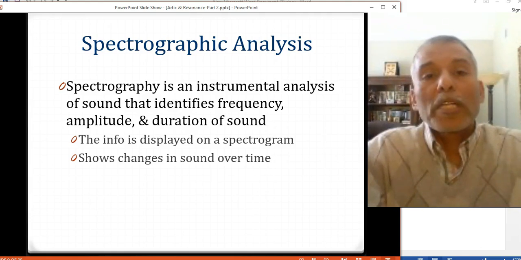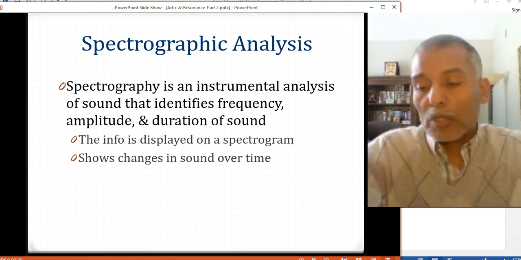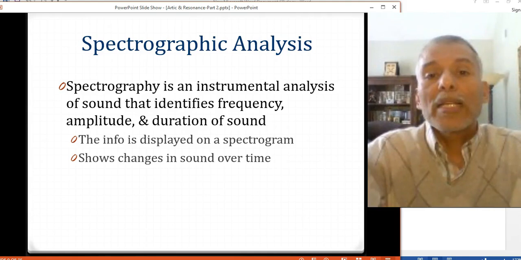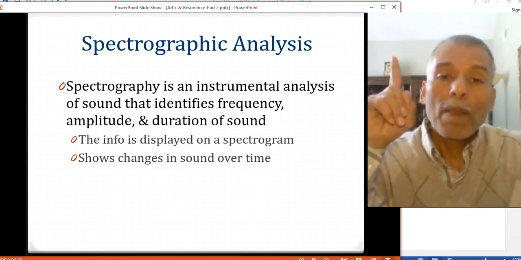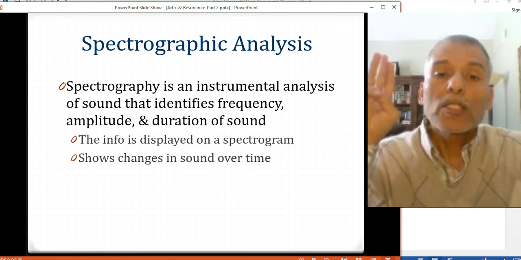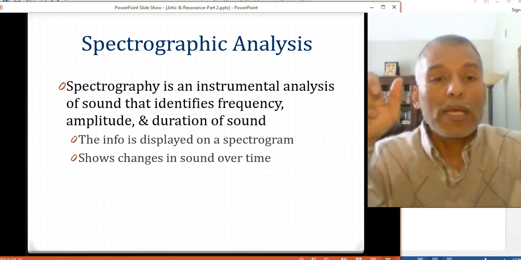Now we move on to spectrographic analysis. A spectrograph uses a spectrogram, and the spectrogram gives you different kinds of information that's quite important. Spectrography is an instrumental analysis of sound that identifies, number one, frequency of the sound, amplitude or loudness of the sound, and duration, how long in real time the sound lasts.